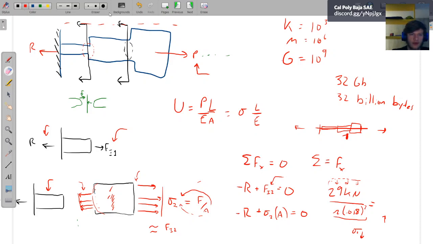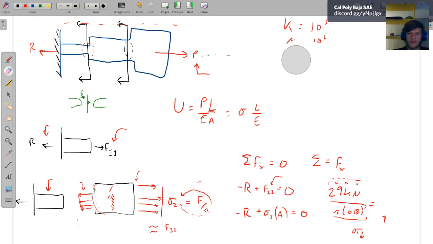I'm going to erase some of this to give some space back. So for the second section, we have a stress here and a stress here. So we can say sigma 1, that was this one, and it's now a reaction because we're on the other side of our cut, minus sigma 1 times area 1 plus sigma 2 times area 2 equals 0.